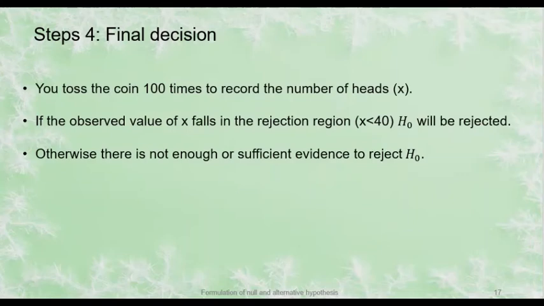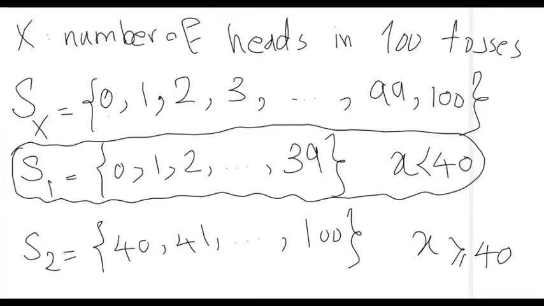According to the test statistic, you toss the coin 100 times to record the number of heads, X. For example, suppose we observed X, the number of heads, to be 37.